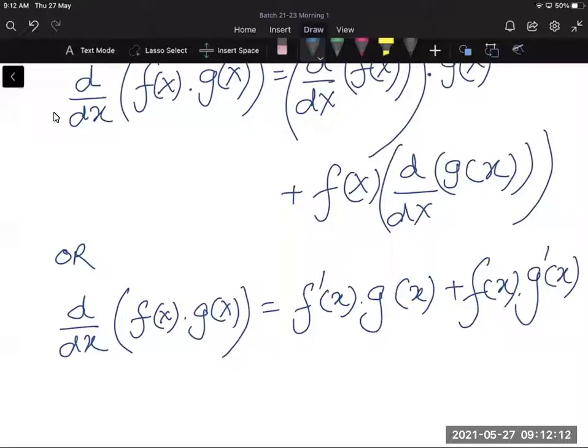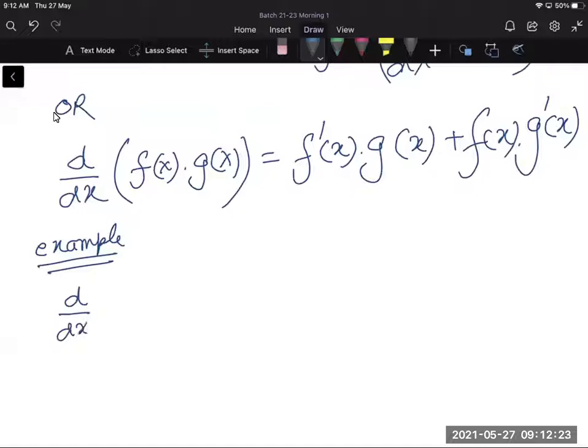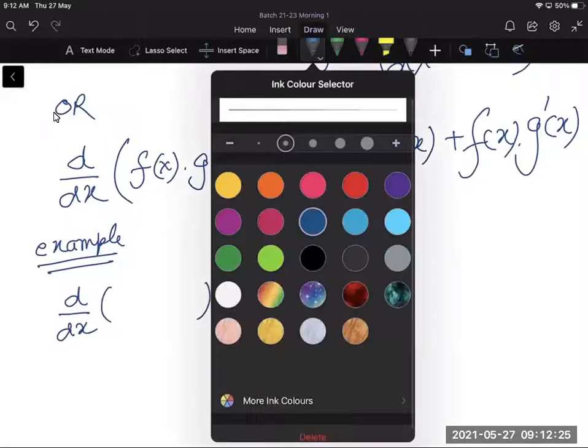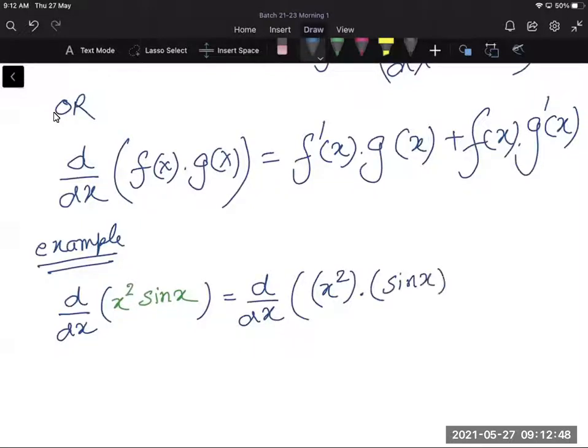I'll give you an example. So let's say that we are supposed to find d by dx of x squared sine x. Okay. So first of all, you must recognize that this is d by dx of x squared multiplied by sine x.